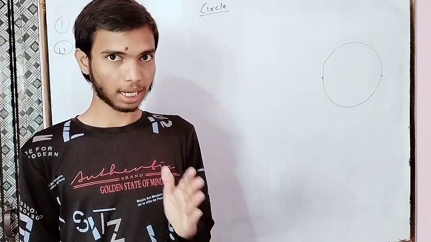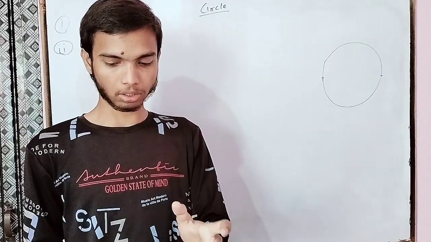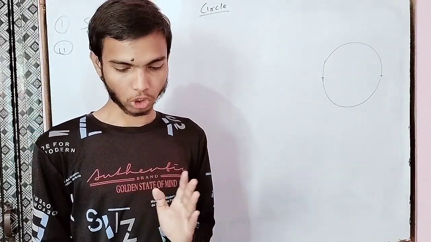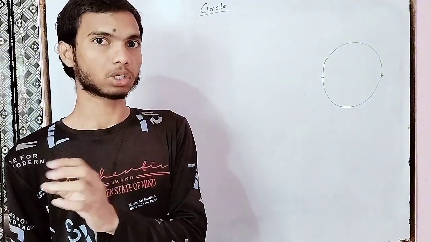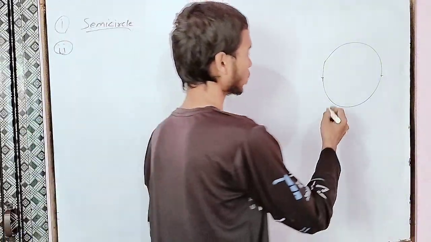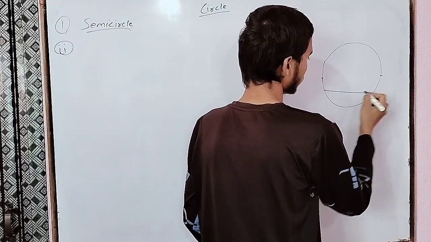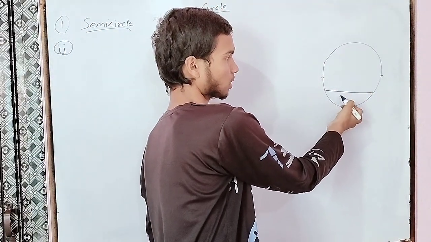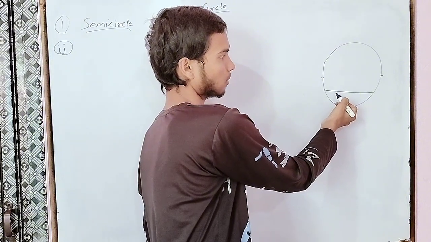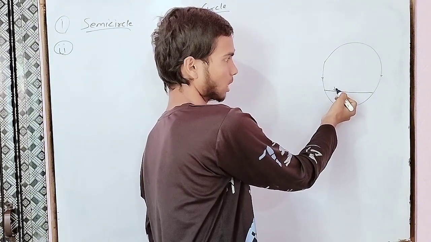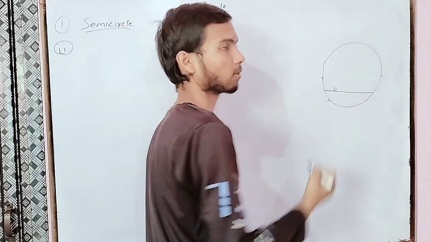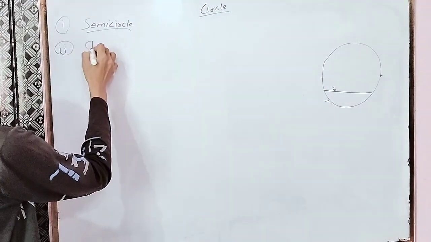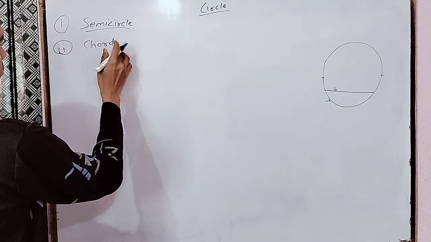Between an arc and a dash, the chord will come. Here you can see this is a segment, and it is formed by this chord and this arc. The arc was given in the question, but the chord was not given. So the answer to the second is chord.